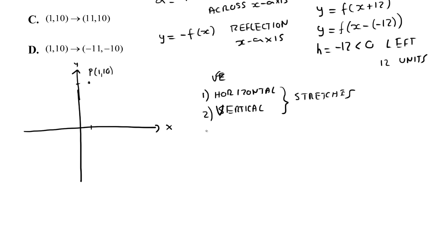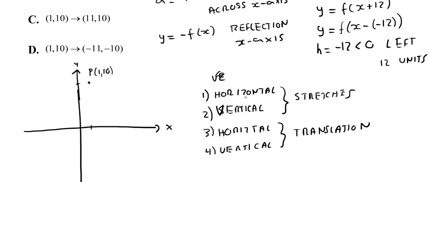Second is a vertical stretch. Third is a horizontal translation, and the fourth is a vertical translation.